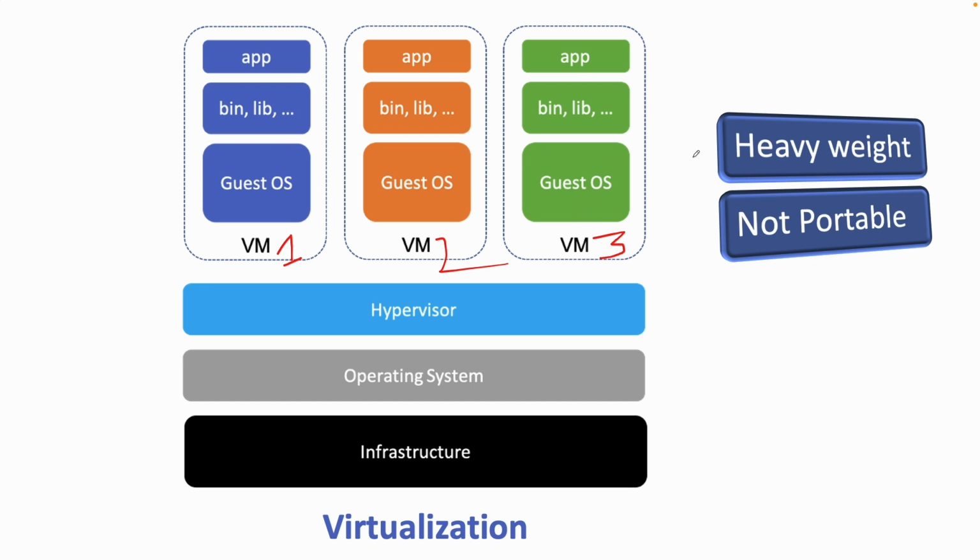That's the reason it's quite heavyweight and it's not portable. It means if you have an application running over here and you want to plug it out and run it somewhere else, you can't do that because it has multiple dependencies. Here we have installed Windows, so you have dependencies on that. That's why it's very heavy and not portable.